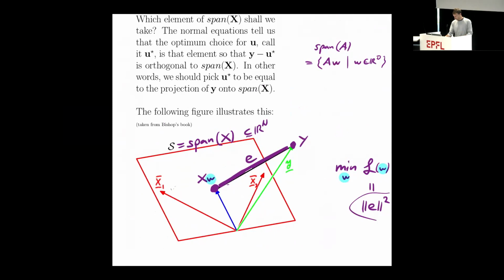So you should find a weight W such that this point here, which is moving around, is closest to the point Y, closest to the true labels. That's how you should move around in this red plane. The red plane is all the linear combinations of data columns, of these columns of the X matrix.